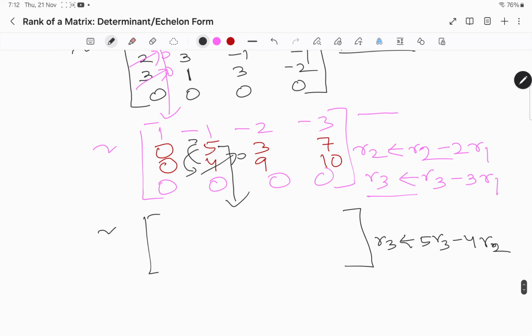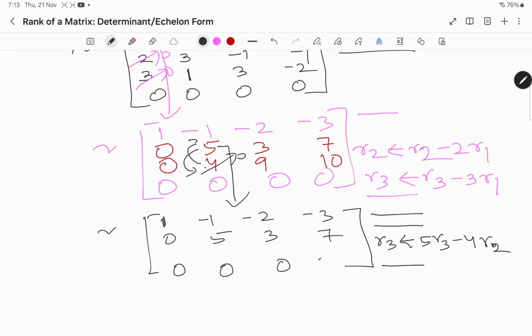I multiply 5 here, it's 20. I multiply 4 here and subtract it. So my row 1, row 2 and row 4 remain silent. Row 1 is my 1 minus 1 minus 2 minus 3, row 2 is my 0 5 3 7, and the last row is my 0 0 0 0.